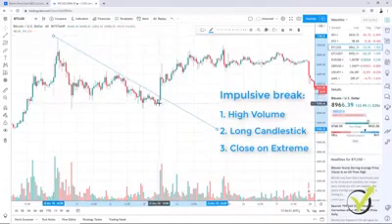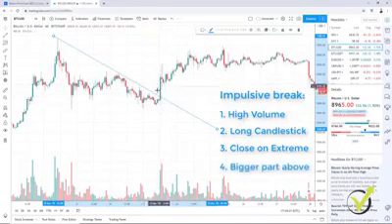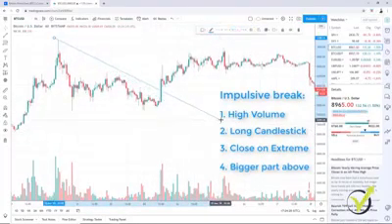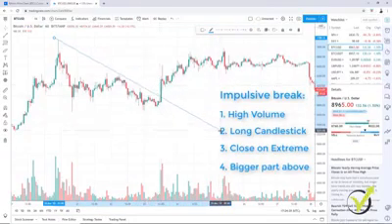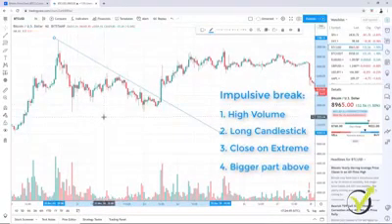And then the last thing for the extreme break is that the part of the candlestick above the line should be bigger than the part below the line. So basically where it breaks, if it's in the middle, half above, half below, that's not it. But if it's this way, this is ideal. This is the perfect example of the strategy.